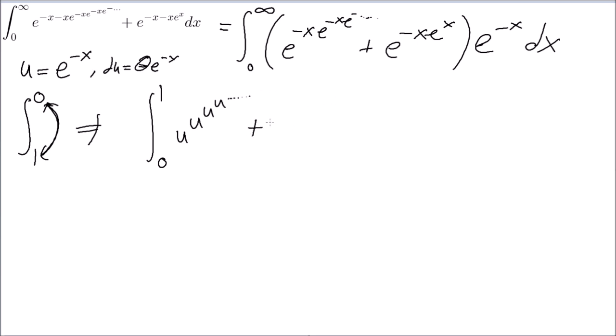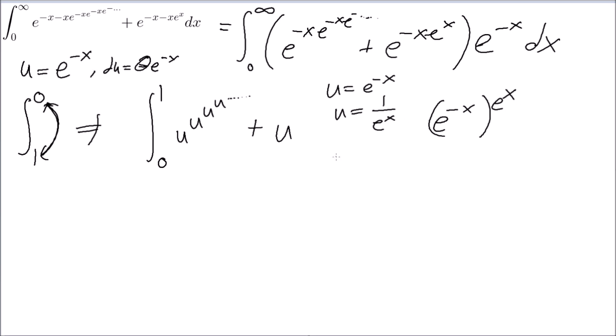Now u is equal to e to the negative x, which means that it's 1 over e to the x.